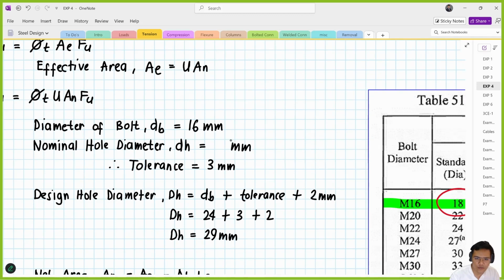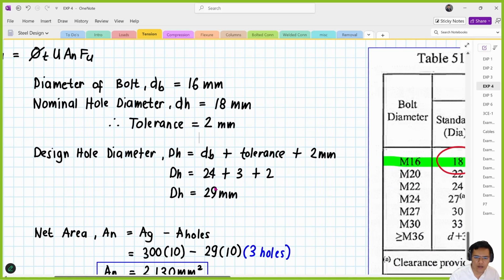So we would have a tolerance of 2 millimeter. Now, going back on the equation, design hole diameter is equal to the diameter of bolts, which is 16, plus yung tolerance, which is 2 millimeter, plus 2 millimeter for the damage portion. We would have our final design hole diameter equal to 20 millimeter.